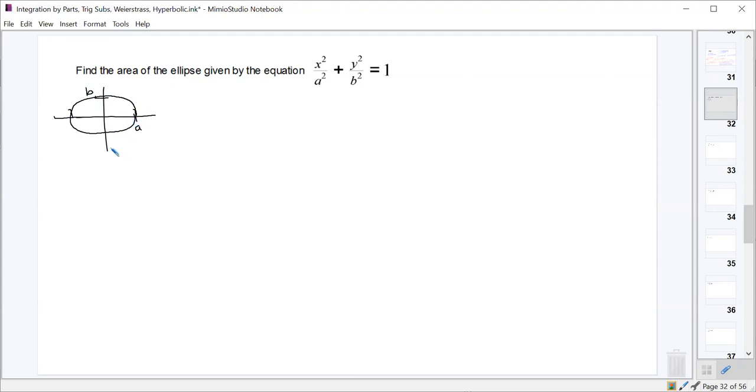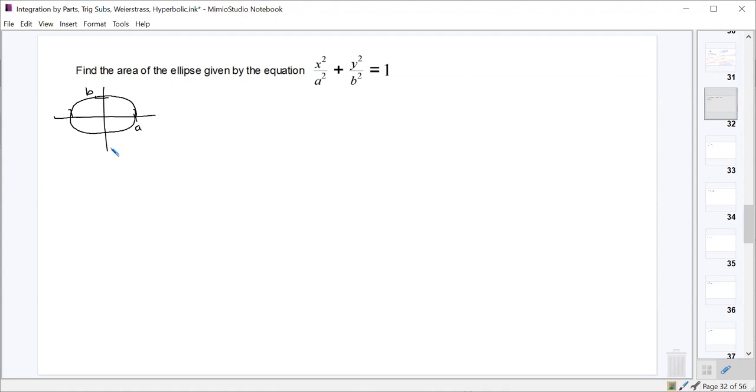And then another one that's 2b. An ellipse that looks like this. We want to find its entire area. And this is an ellipse that's centered at the origin, right? Yes, this is an ellipse that's centered at the origin.